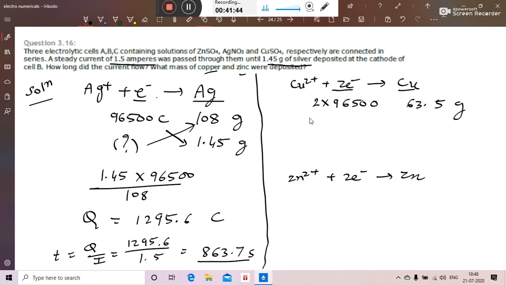Now here you can see that same current is passed through silver also. So for silver you got 1295.6 coulomb. So that means the same charge, 1295.6 coulomb, we have passed in all the three cells. So what amount of copper should be produced?